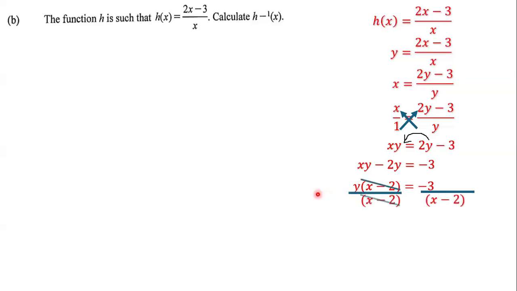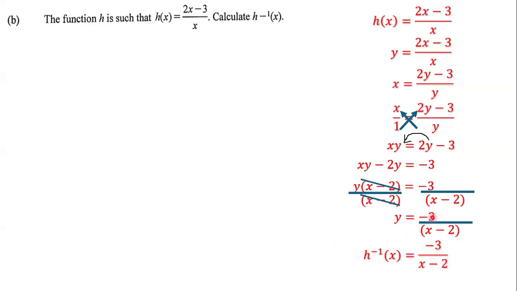This cancels out with that, so we get that y is equal to negative 3 all over x minus 2. Now we set the y equal to h inverse. And so that means that h inverse is equal to negative 3 all over x minus 2.